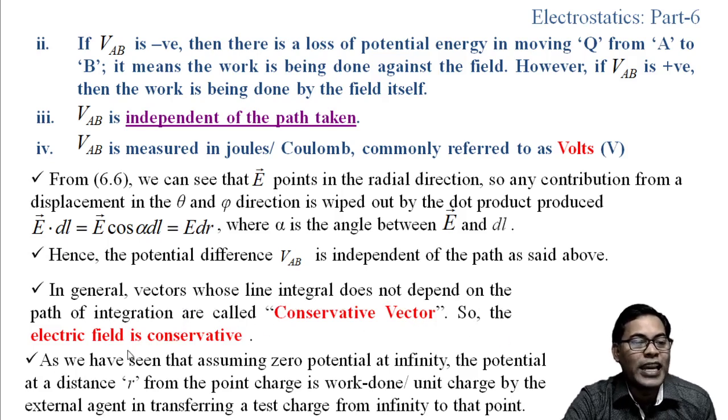So the electric field, which is a vector, is conservative in nature. As I said earlier, the electric field is conservative in nature. So from that we can establish that the electric field is conservative in nature.